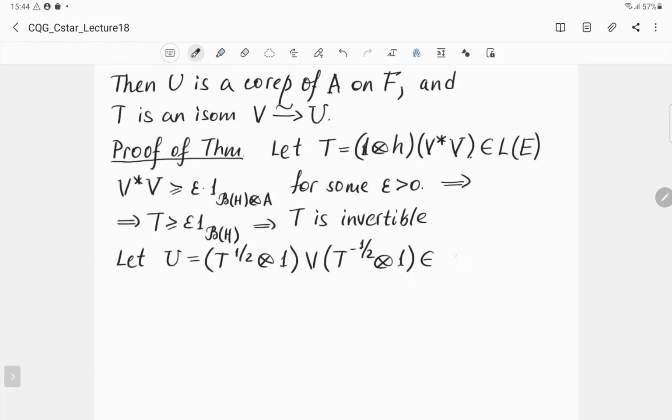So this is an element in, oh, sorry, I wrote L of V, but actually it is H here. Our representation space is H, and instead of L, I write script B in order to emphasize that this is the C star algebra of all bounded operators on H. Okay, so U is an element in the tensor product of B of H and A.